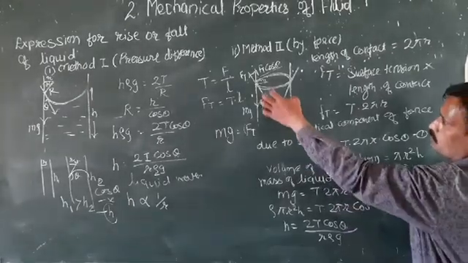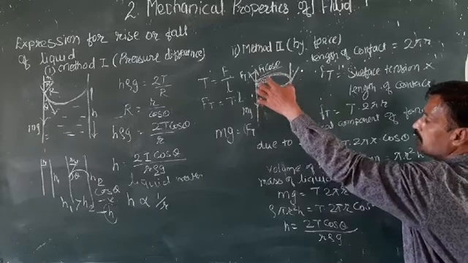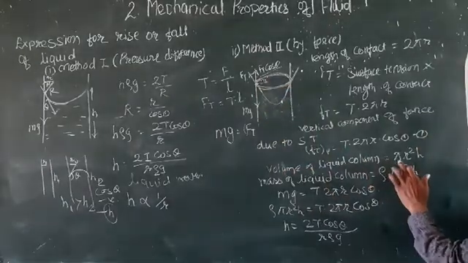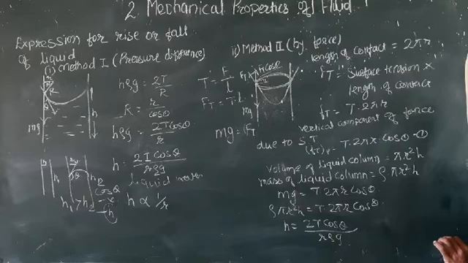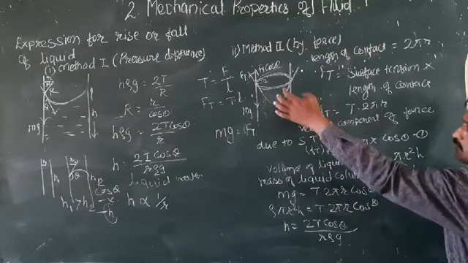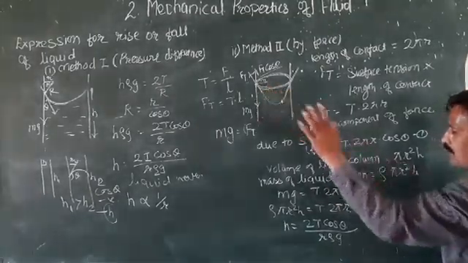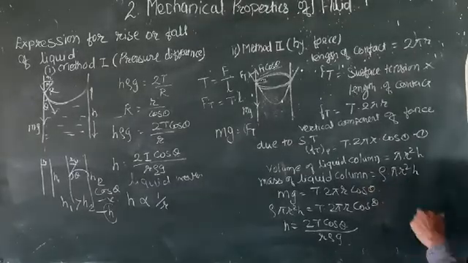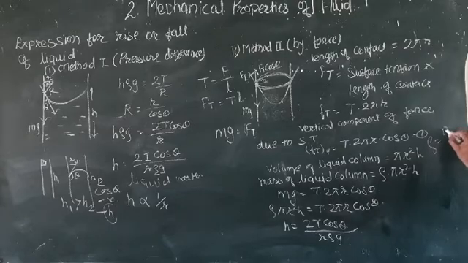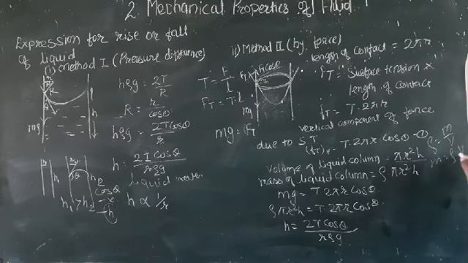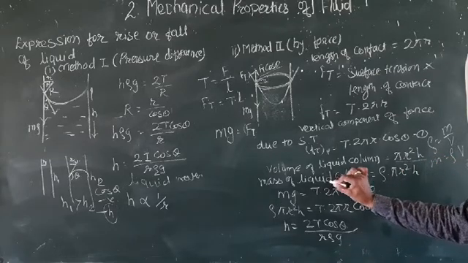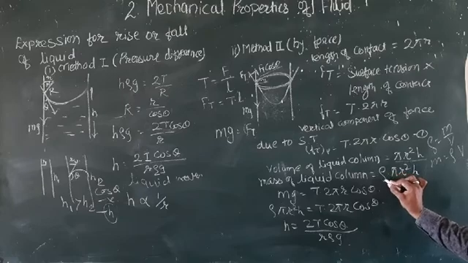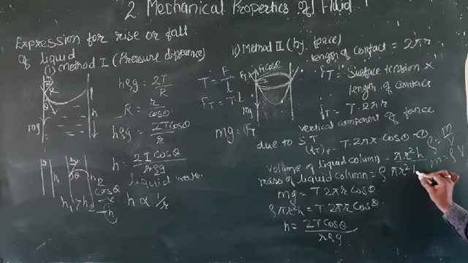Now, the volume of the liquid column in the capillary tube is given by pi r square h, and the mass of the liquid column is given by rho into volume, since density is equal to mass upon volume, and the value of volume is pi r square h.